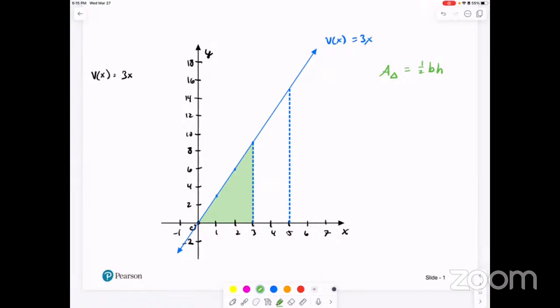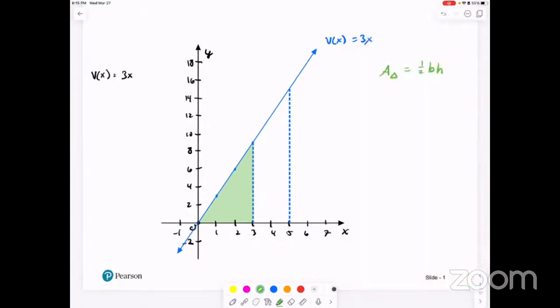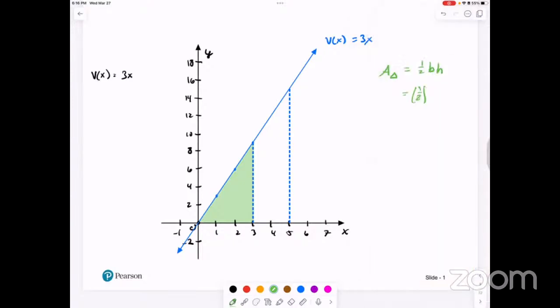All right. So let's just do the green triangle first. So area of a triangle is what? 1/2 the base times the height. So if we are doing the green triangle, that's going to be 1/2. The base looks like it's 3.